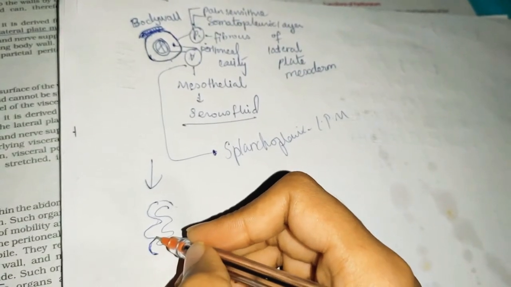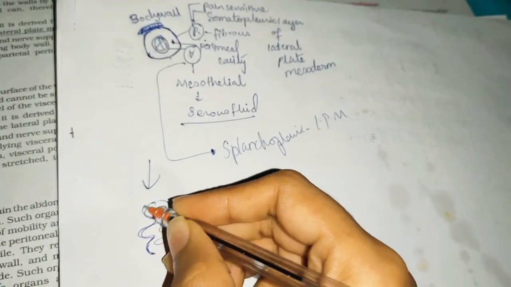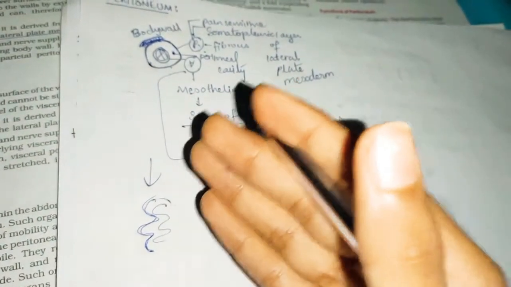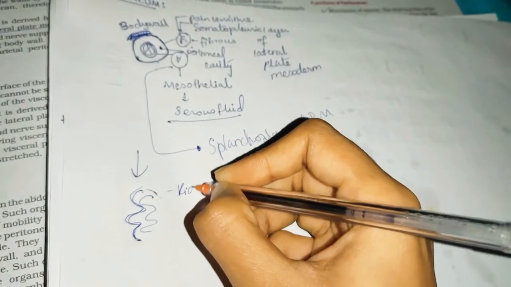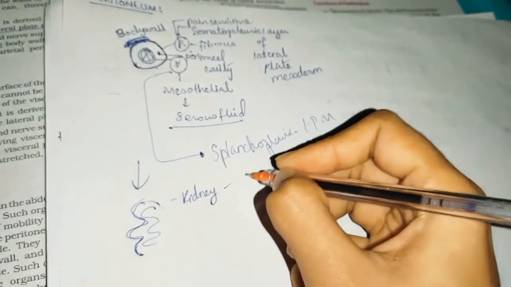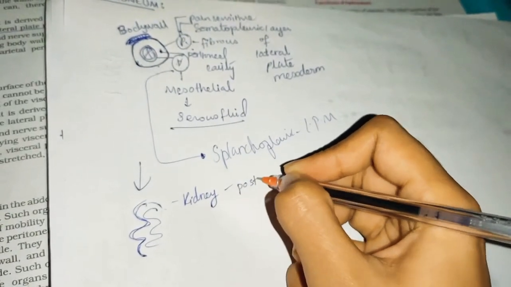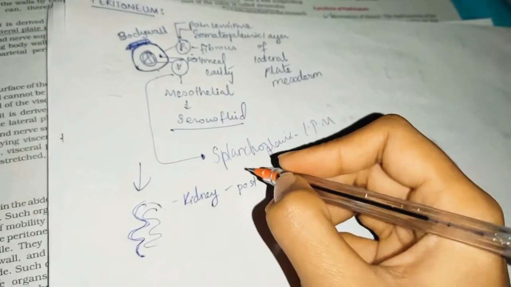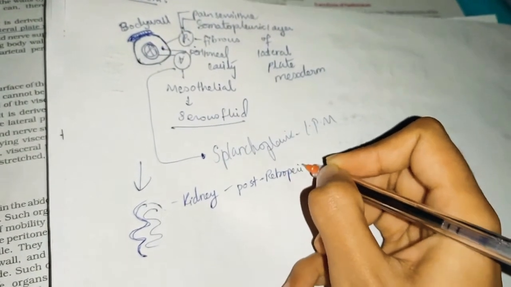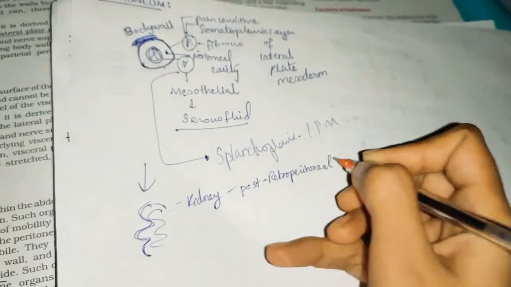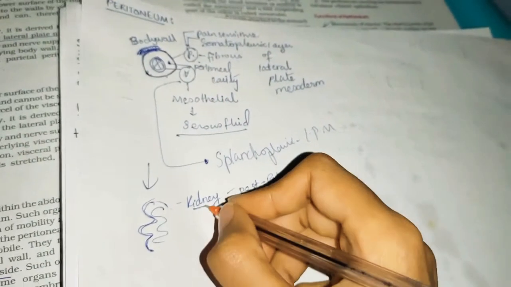You have the word retroperitoneal, which refers to the organ where peritoneum is present only on the posterior side. For example, if you take the kidney, the peritoneum is present only on the posterior side. That's why it is called retroperitoneal: it is present on only one side, and in the case of the kidney it is on the posterior side.